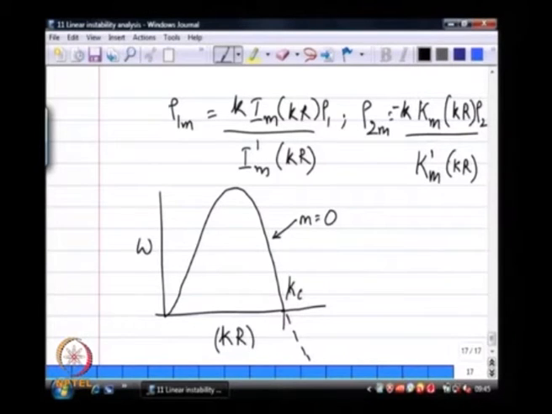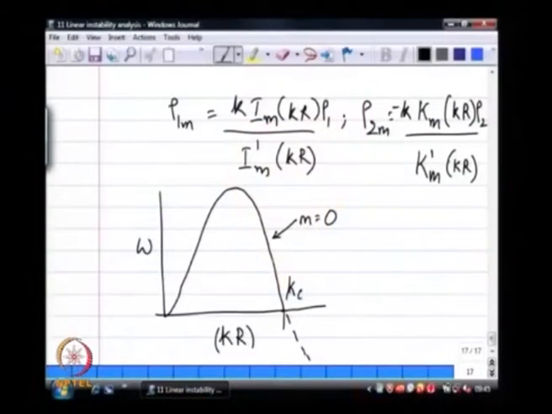beyond which, for m equal to 0 and k value greater than this k sub c, both the roots of that quadratic equation have negative real parts, meaning that any perturbation that has a circumferential wave number m equal to 0 and an axial wave number greater than k sub c, if you could generate that kind of a perturbation on the meniscus, is going to completely die down, exponentially in time.